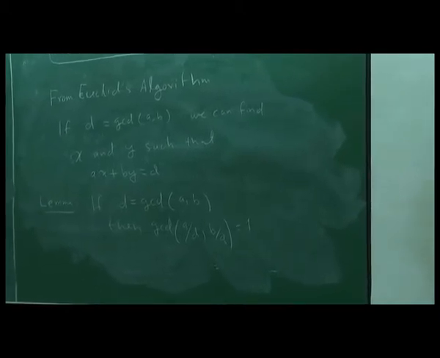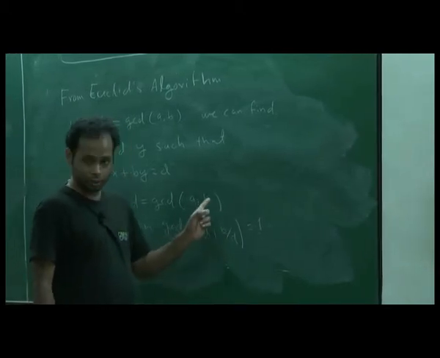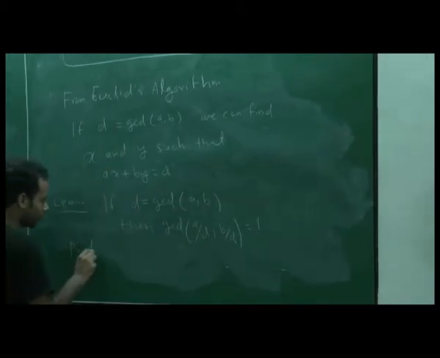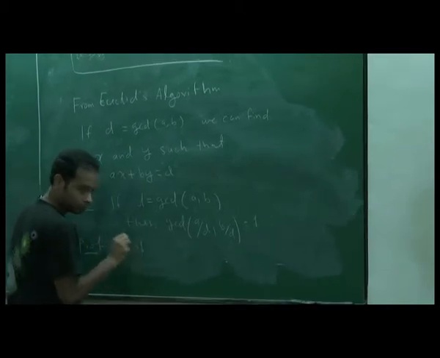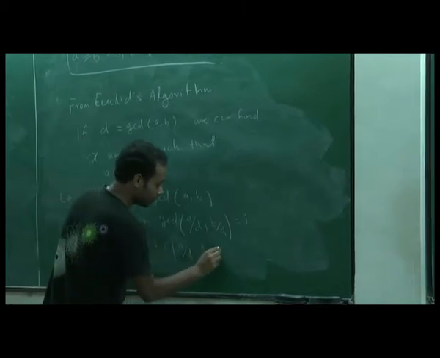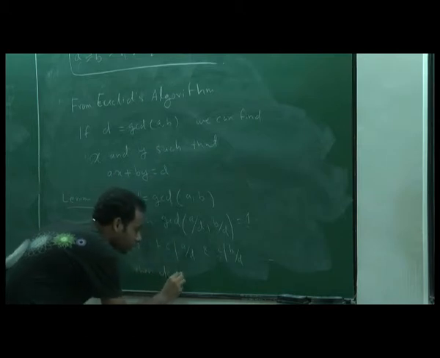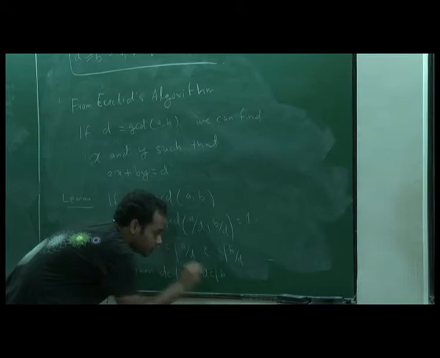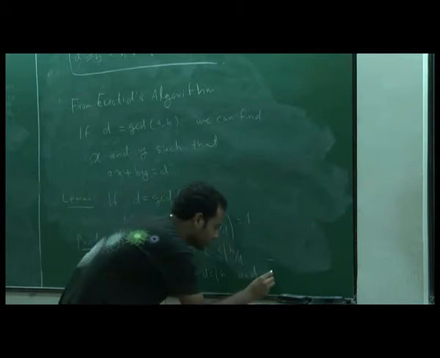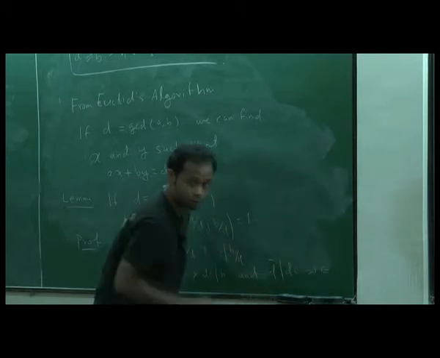If something divides both the things, then C times D will divide A and B. So then that will be a common divisor that is greater. So, proof by contradiction. If C greater than 1 such that C divides A by D and C divides B by D, then D times C divides A and D times C divides B. And D divides DC clearly, which is a contradiction to the definition of GCD, right?